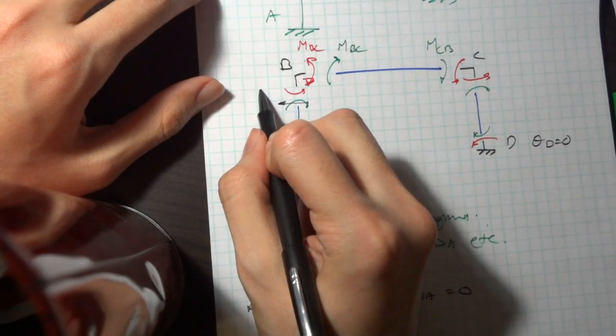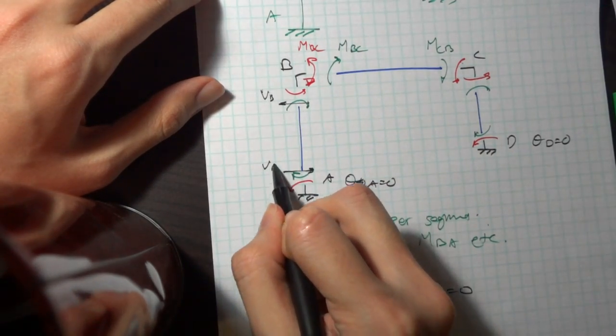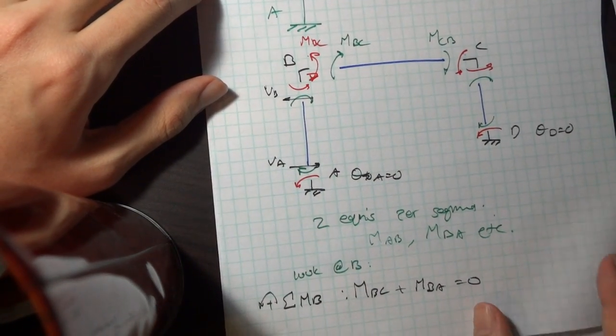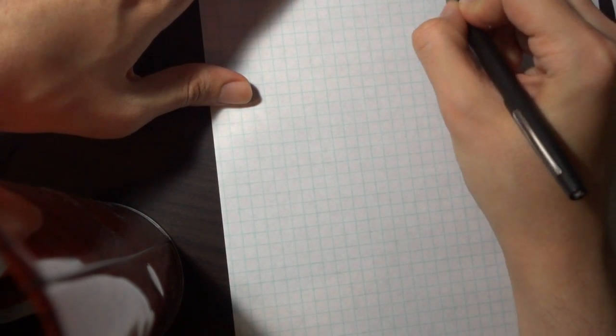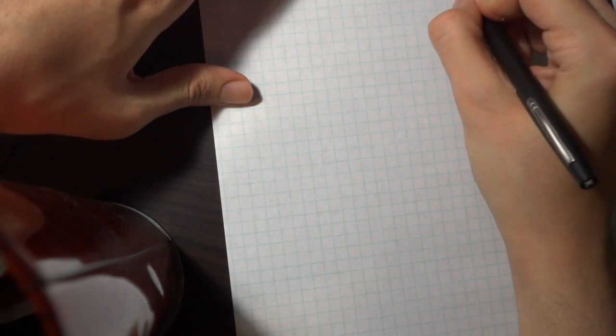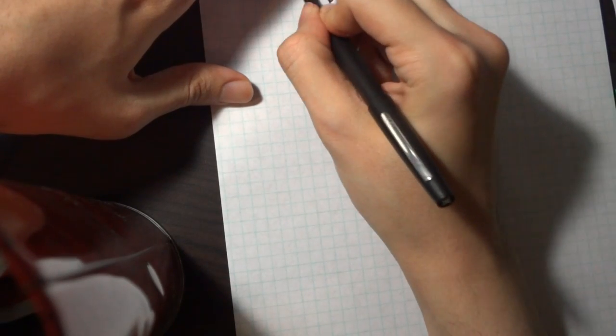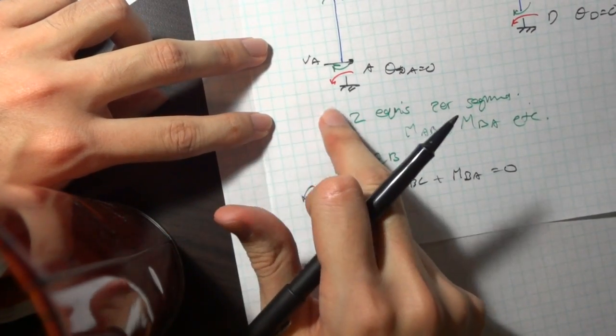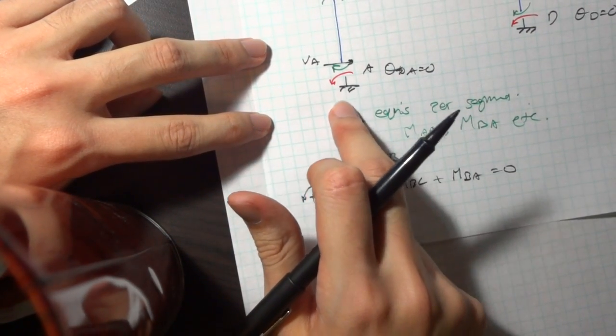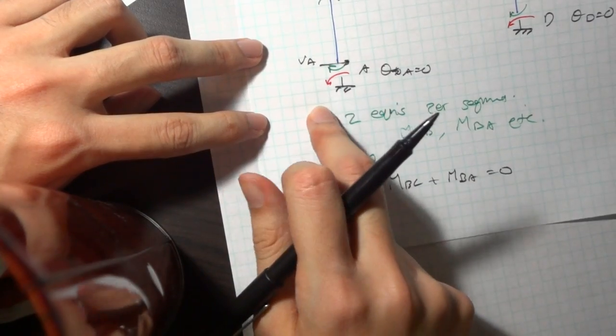This would be VB, and this would be VA. I'm going to pull this down, so I'll draw that here. Here I had VB, here I had VA. Do you agree here that VA would be my horizontal reaction at A?